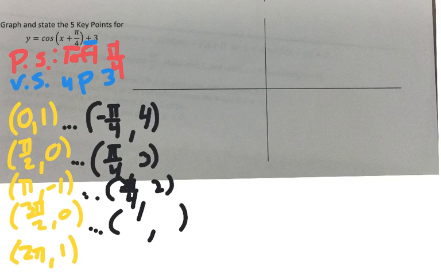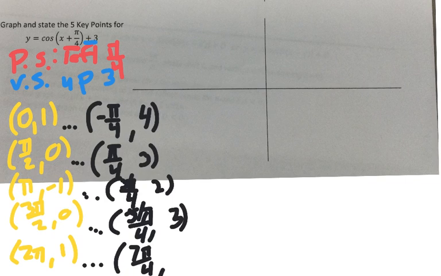So that would be 6 pi over 4 minus pi over 4, which is at 5 pi over 4. I know my handwriting's not great on this. But that's 5 pi over 4. And if I go up 3, that puts me at 3. And then 2 pi minus pi over 4. That's 7 pi over 4. Up 3 puts me at 4.